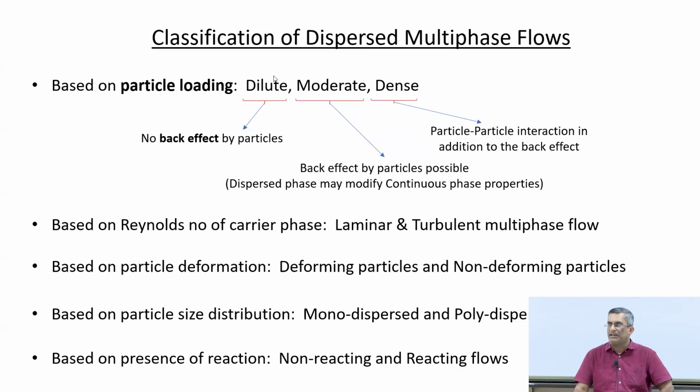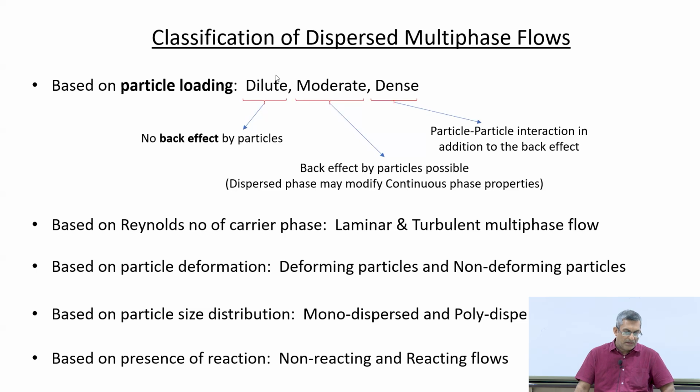Here we can classify the dispersed multiphase flows into dilute, moderate and dense categories. This is based on the particle volume loading ratio, or particle to carrier phase mass or volume loading ratio basically. We will see this in more detail later.